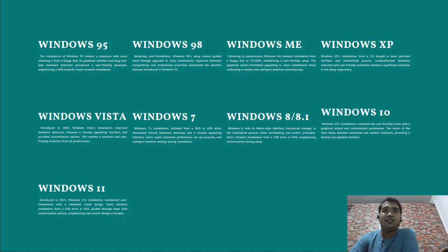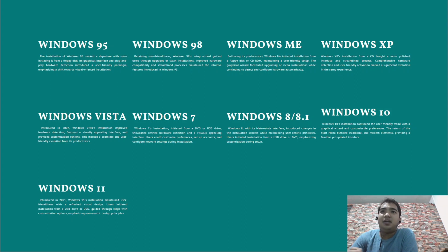So for Windows installation, I'm going to summarize this basically from Windows 95 to Windows Me. The users can use a floppy disk to install Windows. However, from Windows XP, they introduced a CD, while Windows Vista uses a CD.